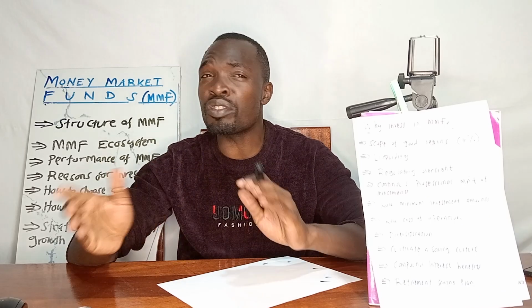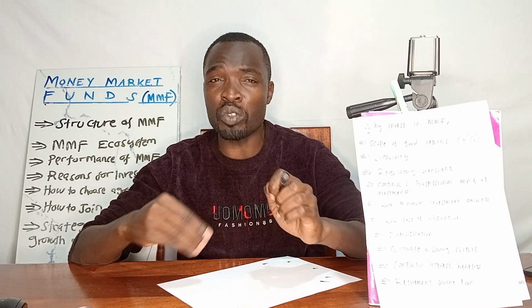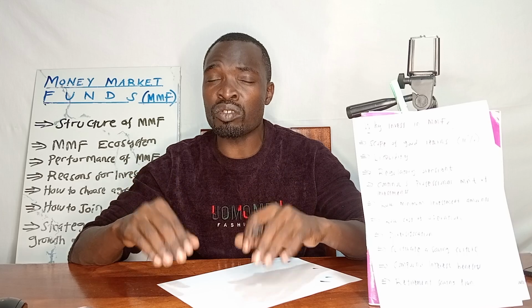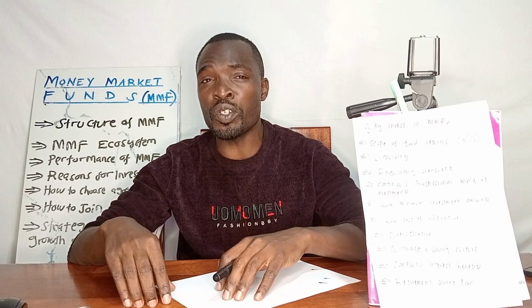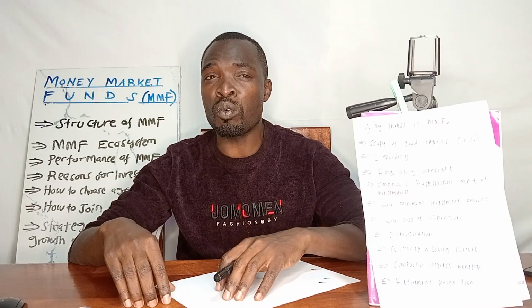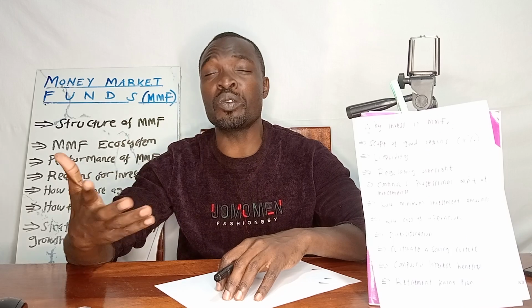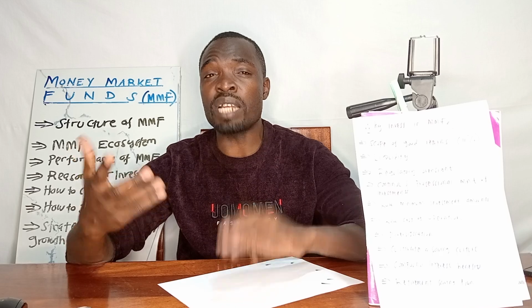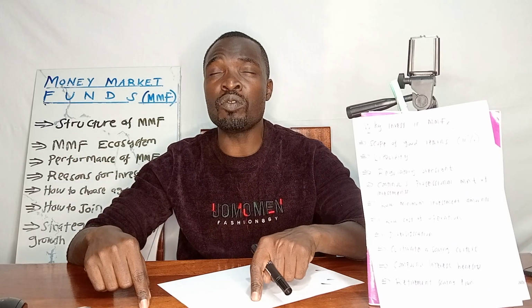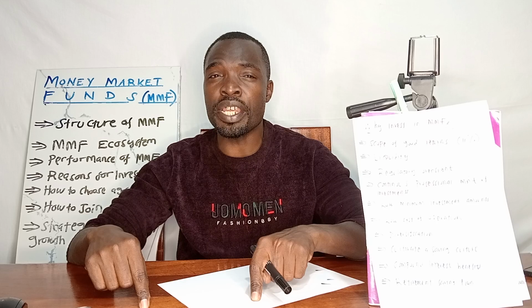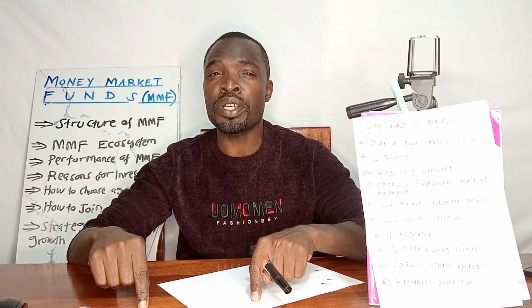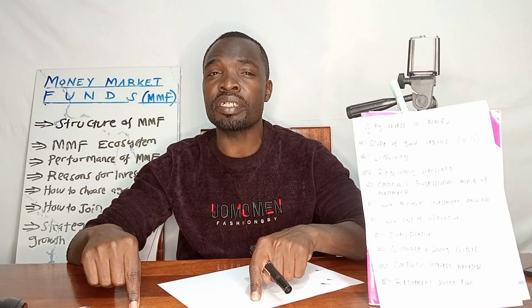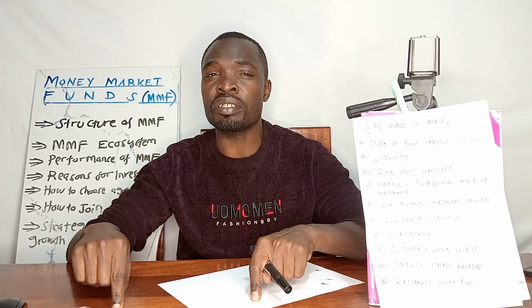10 or 11% is variable. I don't want to say it's fixed because it keeps changing. But as of the time of recording this video, the rate is 11%, which is a very good rate. This means that if you invest 1 million, after 1 year, you will have 1,110,000, close to that.